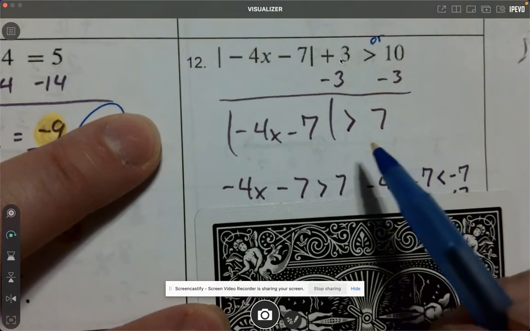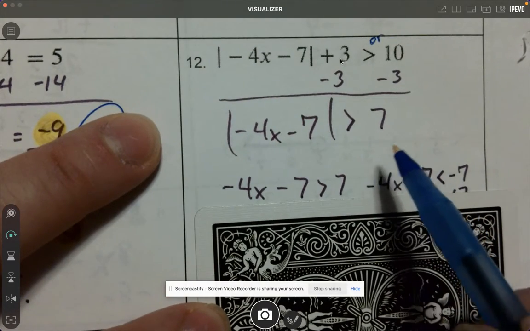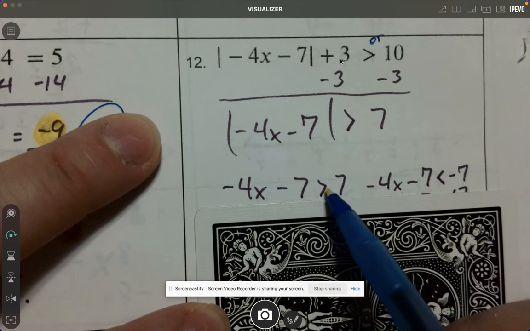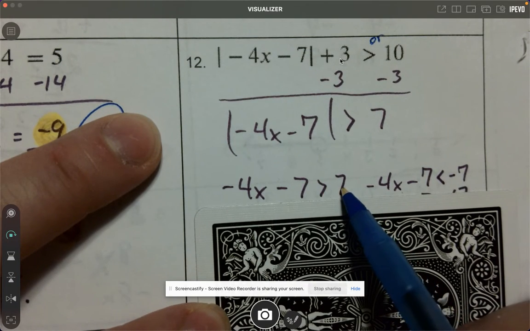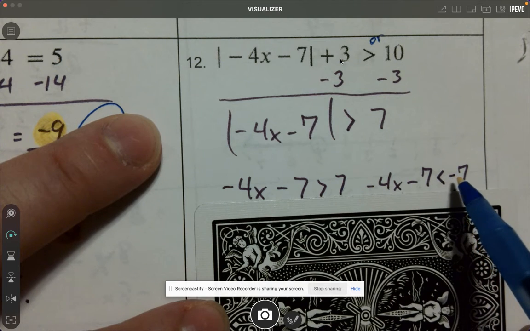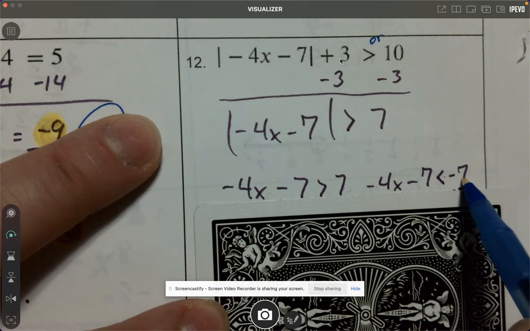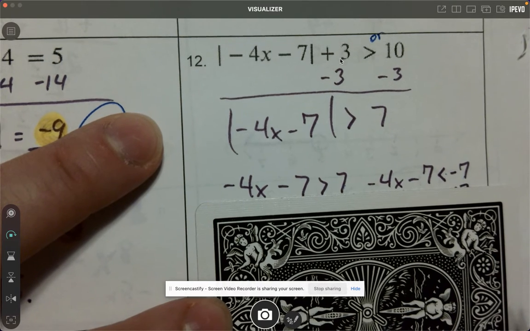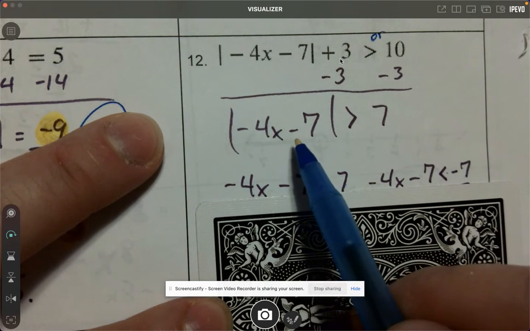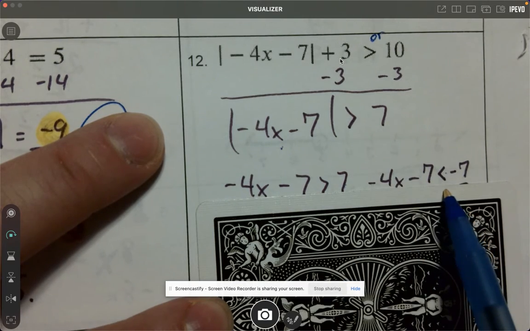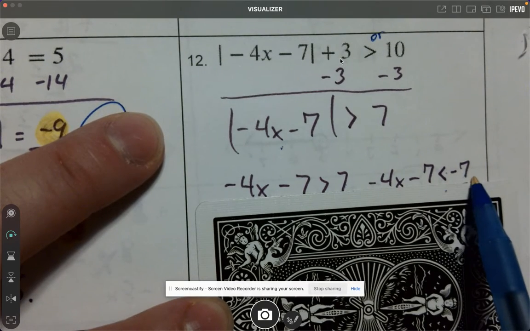But again, remember this is important for the test. So this is negative 4x minus 7 is greater than 7. But then when you do the scenario where it could be less than, you have to make that a negative 7. And we talked about how this stuff could be negative, and you divide both sides by a negative, so you're going to have to flip that sign when you make it the negative stuff.